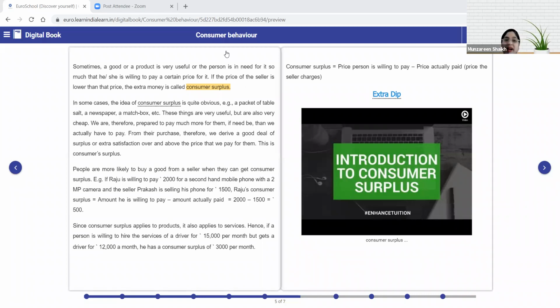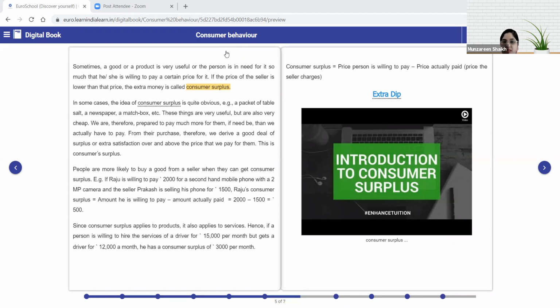Certain commodities like salt or a matchbox are required in daily life. So even if the prices of these commodities increase, we tend to pay that price. But why? Because we need them in our day-to-day activities.